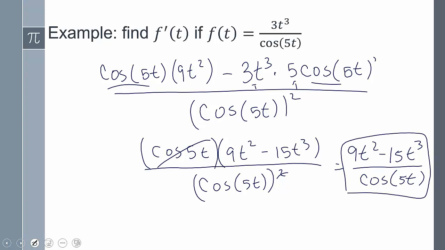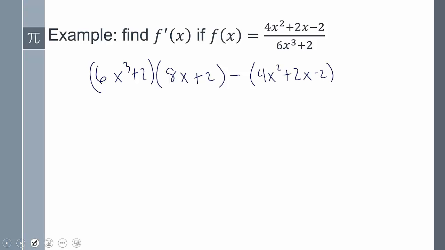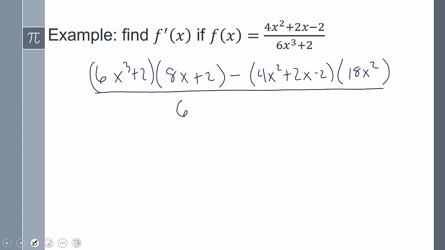Let's look at another one. So low d high, that's the derivative of the top, minus high d low, denominator squared below.